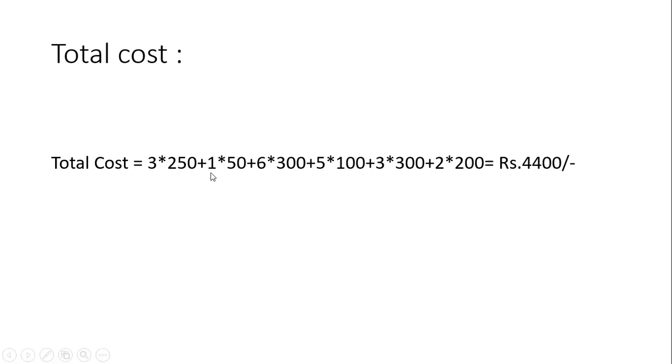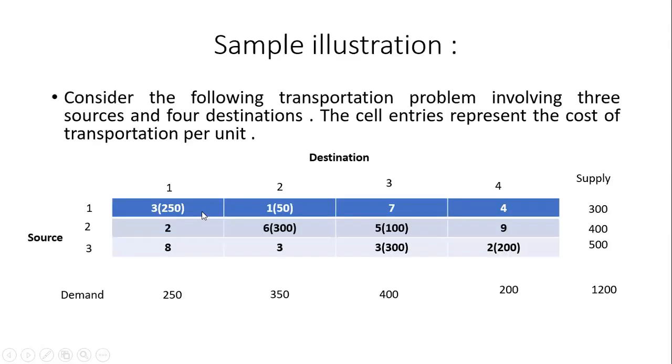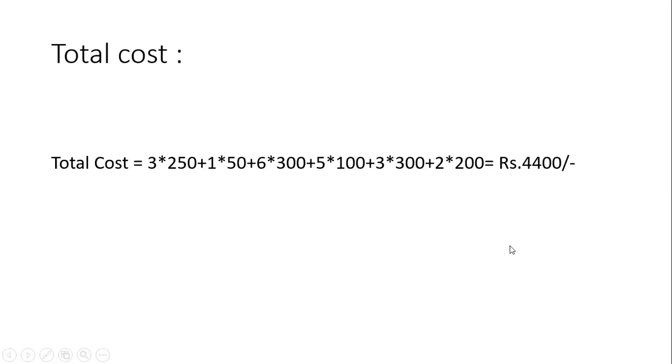So you add all the values, say 300 into 250 plus 1 into 250 plus 6 into 300 plus 5 into 100 plus 3 into 100 plus 2 into 100.